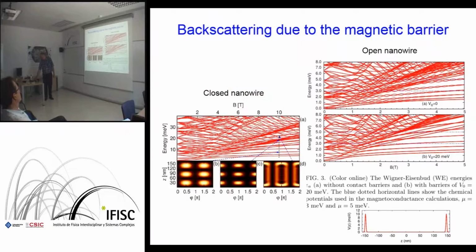Now, the first and simplest approximation is to consider a nanowire in the presence of the magnetic field, but in the contacts to neglect the magnetic field.